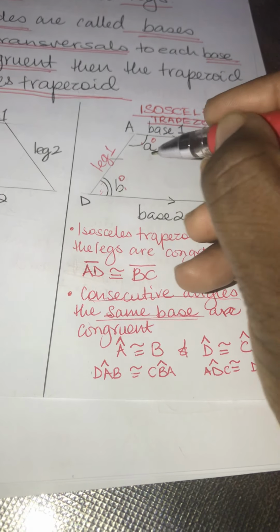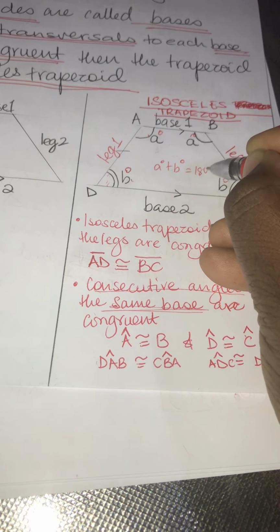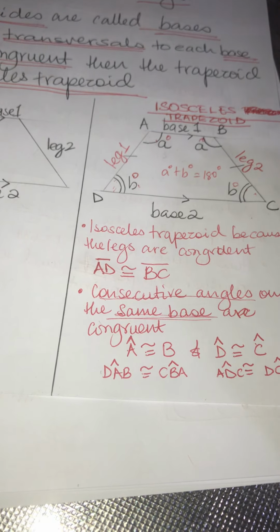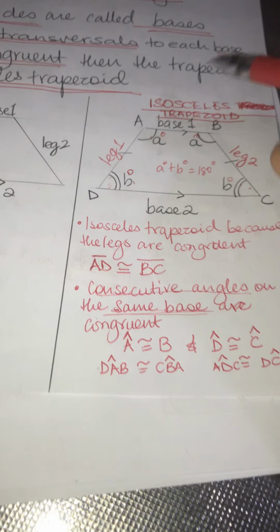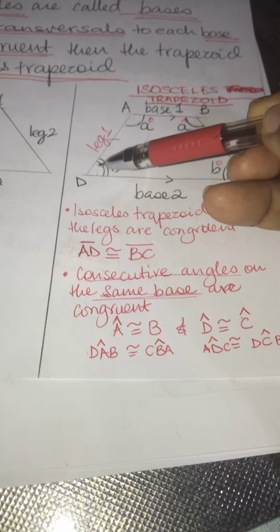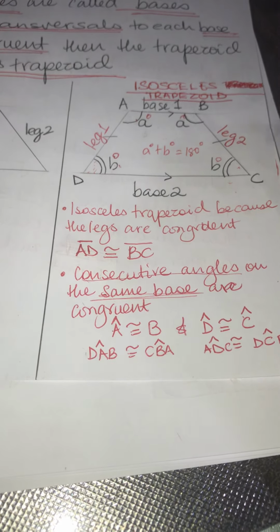So I can write A plus B should be 180 degrees. So also the consecutive angles made by the base are supplementary. But what is special about this one is the consecutive angles made by the bases must be congruent. Here they don't need to be congruent. Here there can be different numbers, but angle C plus angle D should add up to 180.